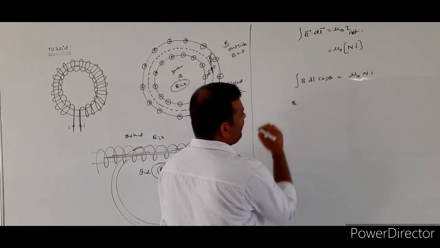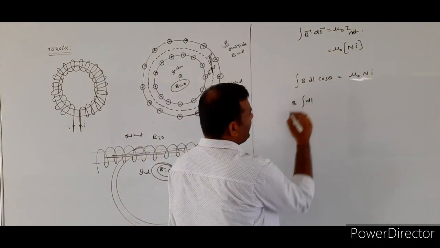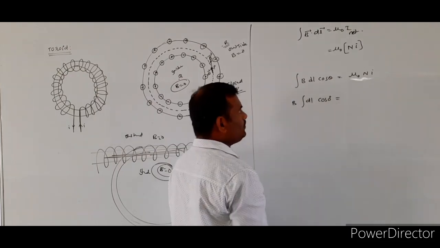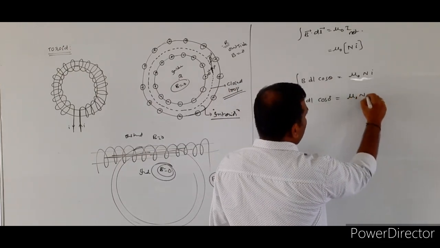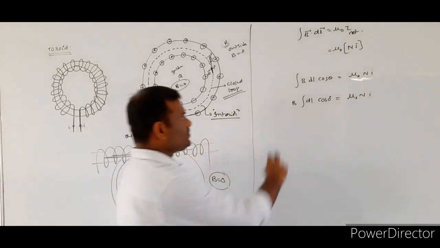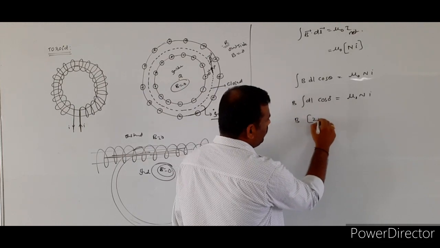So B remains constant, and the angle theta is 0, that is cos 0. So B into integral dl is equal to mu naught N I.